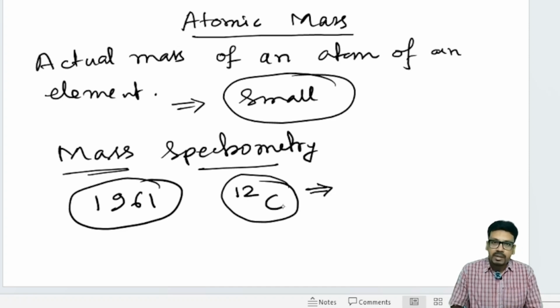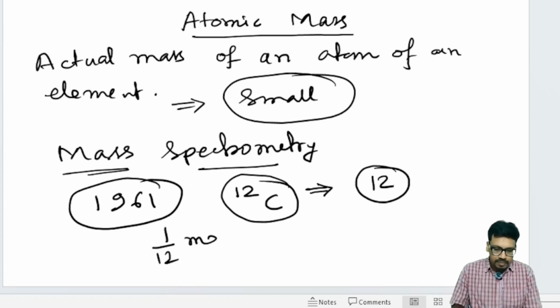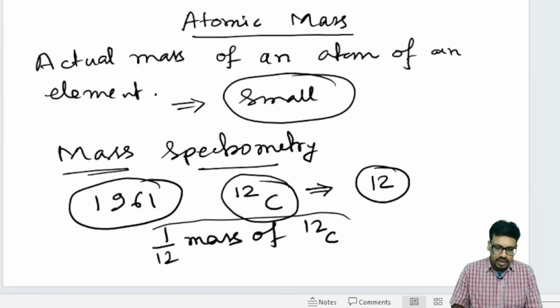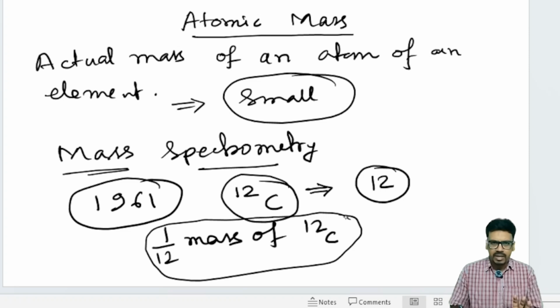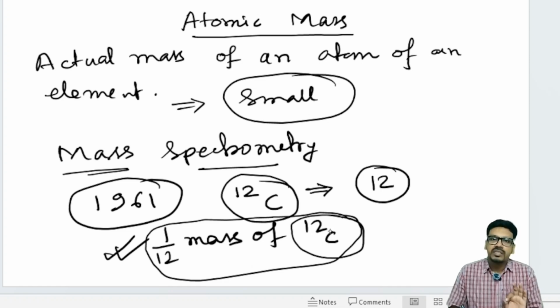So the mass number of the C12 isotope is 12. Now 1/12 of the mass of the C12 isotope is used as the standard. Clear? Now, if the atom of any element is heavier than 1/12 the mass of the C12 isotope, clear? So, this is the atomic mass.